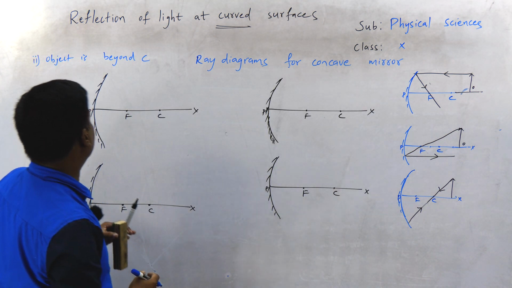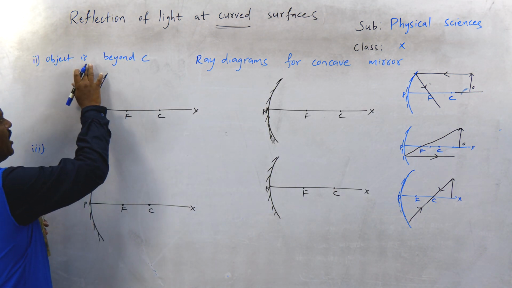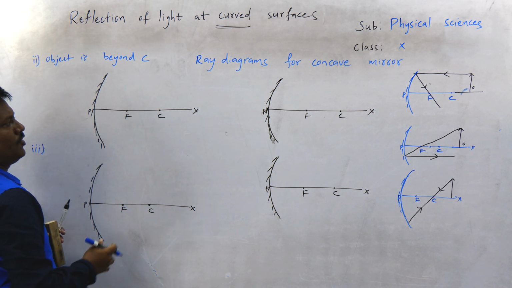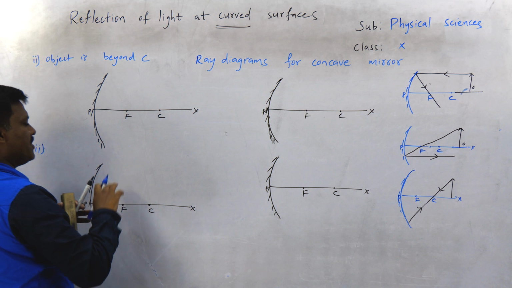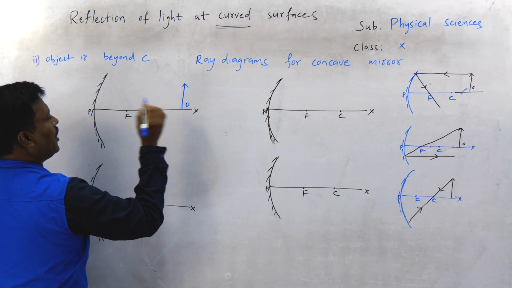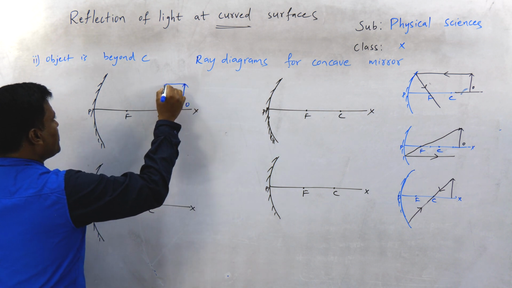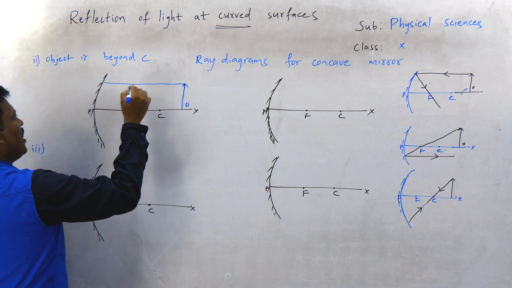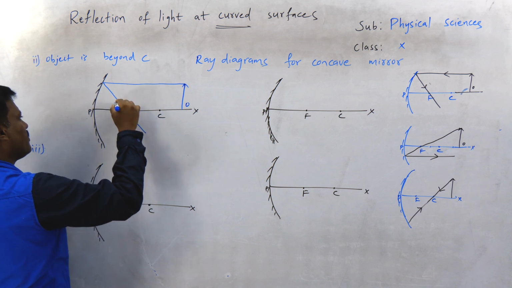Now we are going to talk about the remaining ray diagrams. Object is beyond C. Okay? When object is placed beyond C, this is object. Now, according to rule number 1, a ray passes parallel to the principal axis. After reflection, it passes through focus.